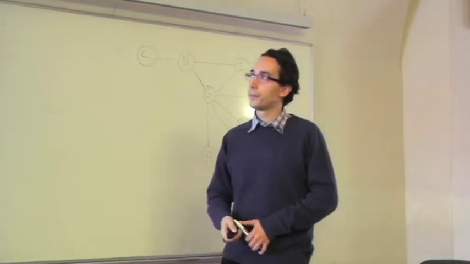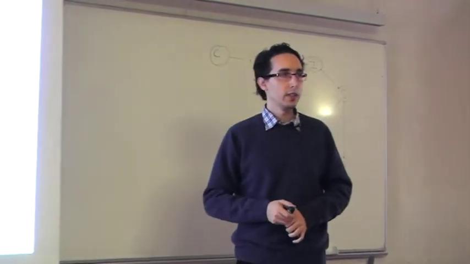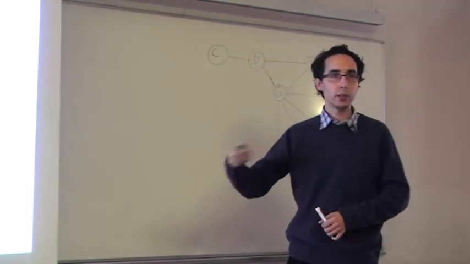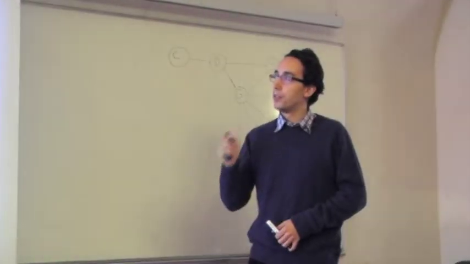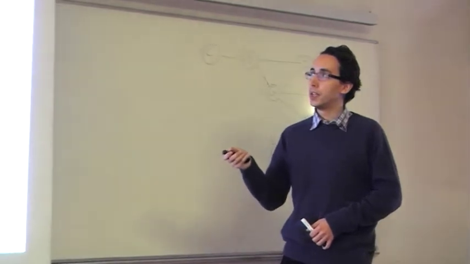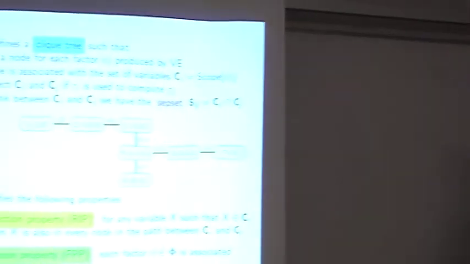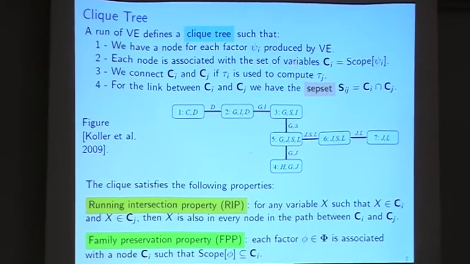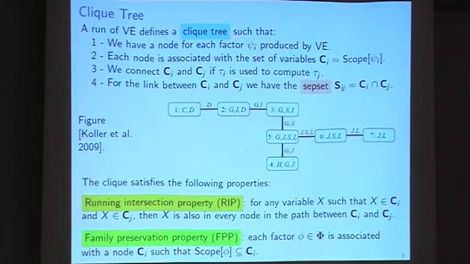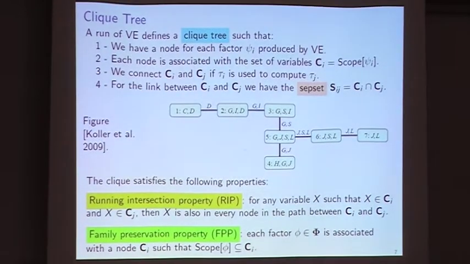So, okay, we have this algorithm, variable elimination, that allows us to sum out variables in a computationally efficient way. This algorithm can also be interpreted as operating on a structure which is called a clique tree. Basically, the execution of variable elimination defines a clique tree. This is a tree that has these properties.